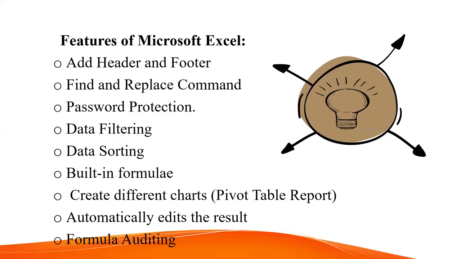Filter means if you want to take something from someone, you can filter it, right? And sorting means you have to arrange the data, like if you want to arrange the data alphabetically or by number, you can sort it.